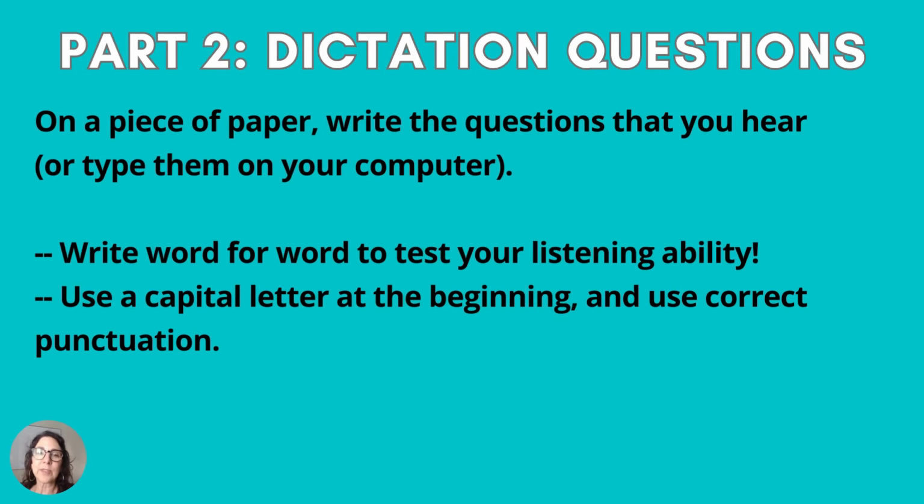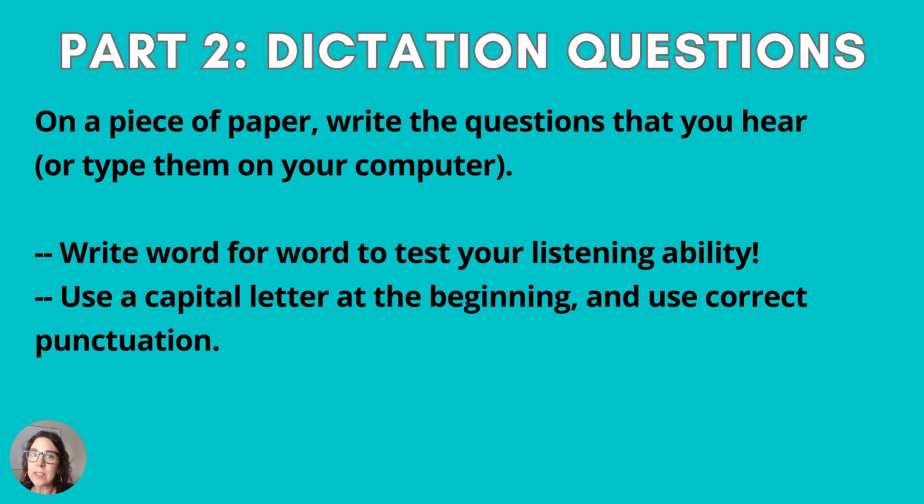So let's go to the dictation, and for this part, you're going to need another piece of paper, or you can use your computer. You're going to listen and you're going to write the questions that you hear or type them on your computer. Now, with a dictation, this kind of listening is different because you're not just listening for the most important information. Instead, you're testing your ability to listen word for word.